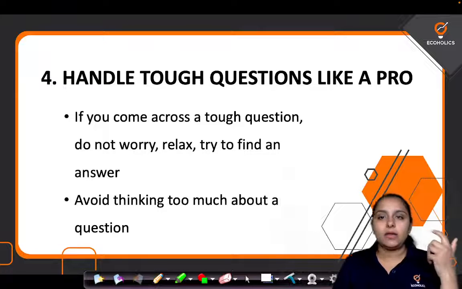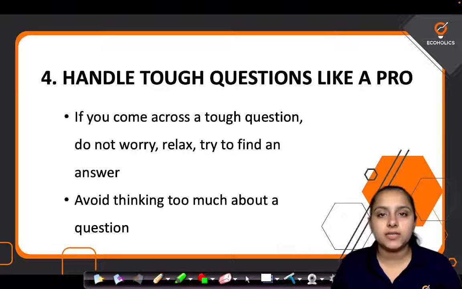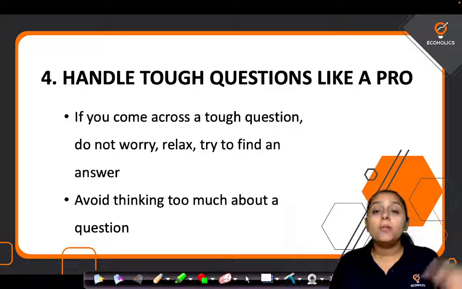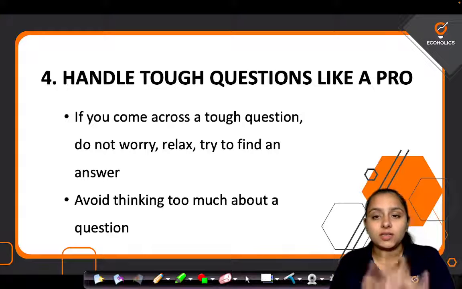This is mind training. टफ क्वेश्चन कैसे पता चला इट इज अ टफ? बिकॉज योर माइंड टोल्ड दैट कि ये टफ क्वेश्चन है. योर माइंड टोल्ड दैट कि तुझे ये क्वेश्चन नहीं आता, सो इट इज टफ फॉर यू.